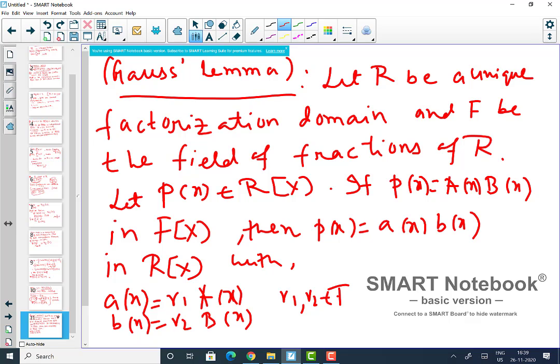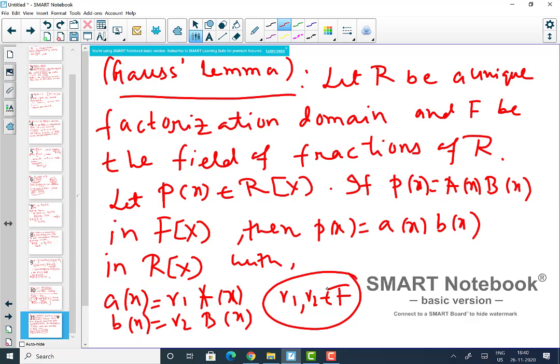This is very important. You can find elements from the field which multiply to give these. We will show that you cannot choose these from the ring for arbitrary polynomials.